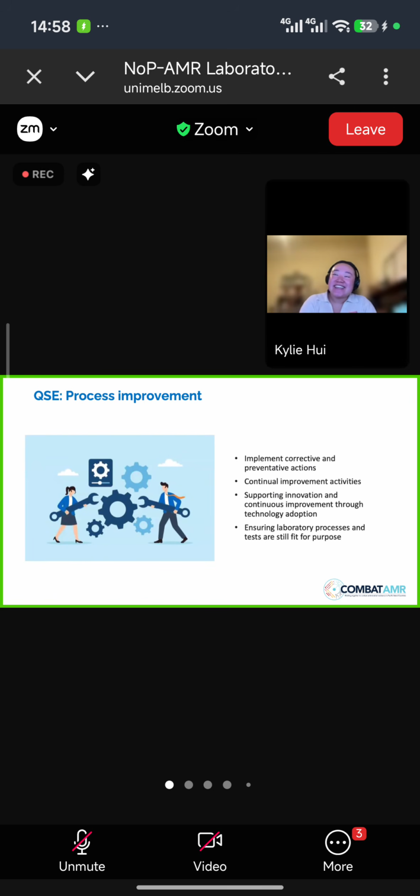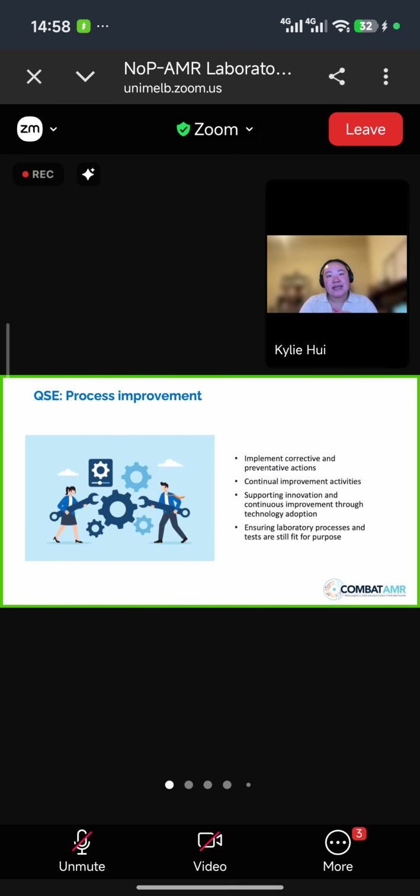Then another QSE is process improvements. So to have these, you can implement the corrective actions or preventative actions that we got from some of the other elements of the QSE. There are continual improvement activities. So the lab needs to ensure that we keep having these.